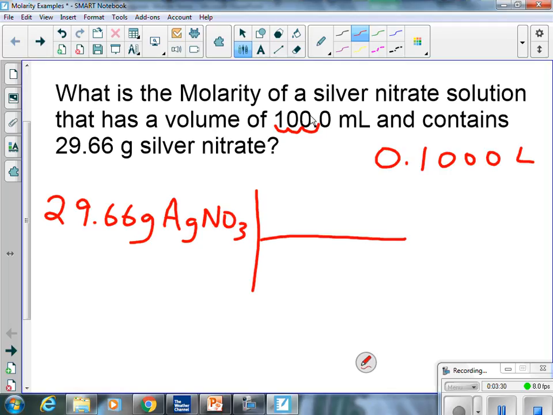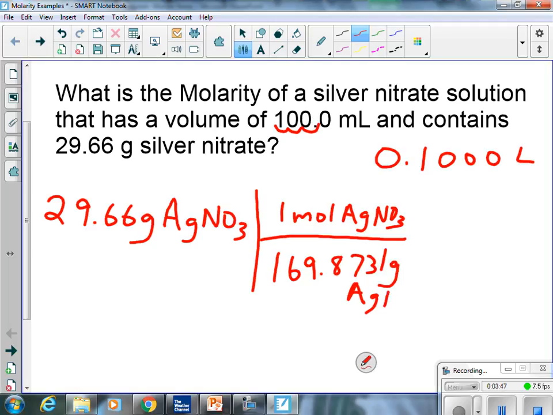Well, I know that 1 mole of AgNO3 has 169.8731 grams of AgNO3.